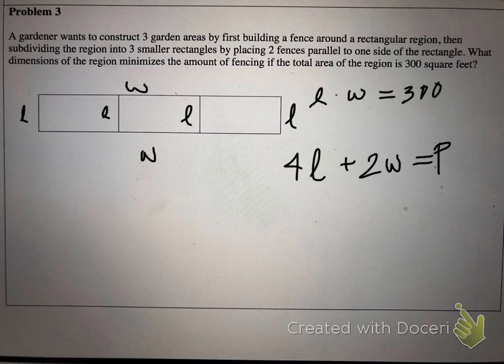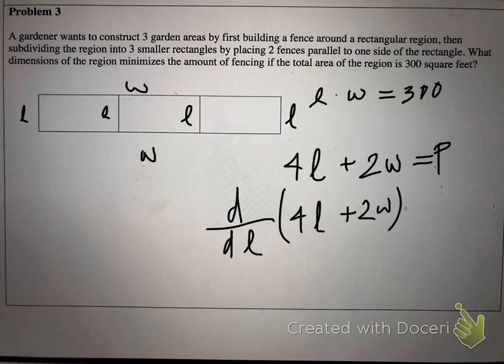Let's do L. So we're going to say the derivative with respect to L of this function, 4L plus 2W, and we can ignore P because that's just the equation for the perimeter.